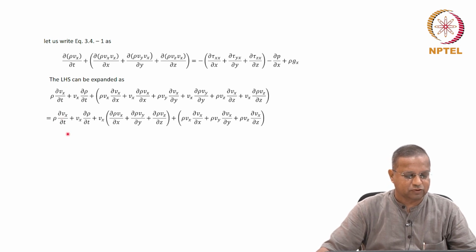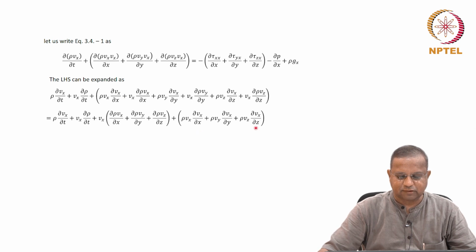ρ ∂Vx/∂t is fine, plus Vx ∂ρ/∂t, that remains the same. Now let us pull Vx out alone from wherever it arises separately. You have a Vx here, here and here. If we pull that out, you have remaining ∂(ρVx)/∂x plus ∂(ρVy)/∂y plus ∂(ρVz)/∂z.